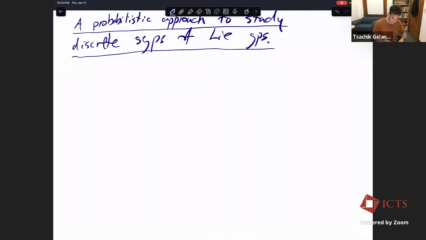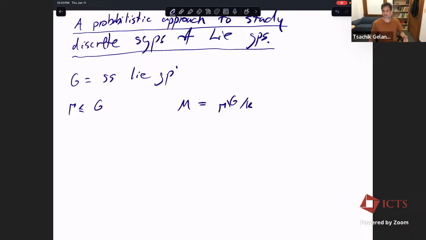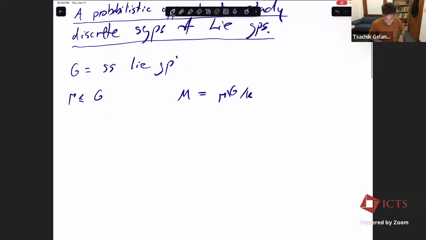So the space that we are looking at: we study discrete subgroups. So G is a semi-simple Lie group, and we want to study discrete subgroups of G, which is the same as studying manifolds of the form G mod K mod gamma. So if you want, I want to apply randomness on gamma or on M.